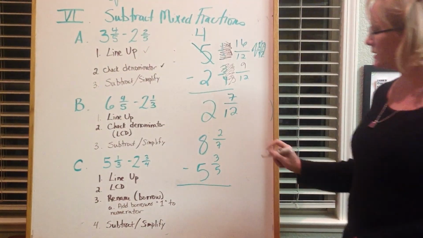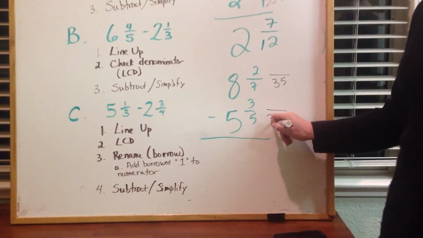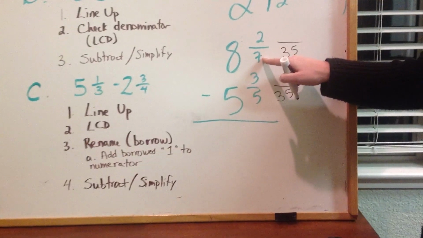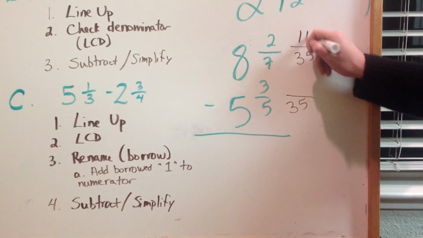Their common denominator is 35. I multiplied my denominator by 5, so I'm going to multiply my numerator by 5. 2 times 5 is 10, and this one's gone.